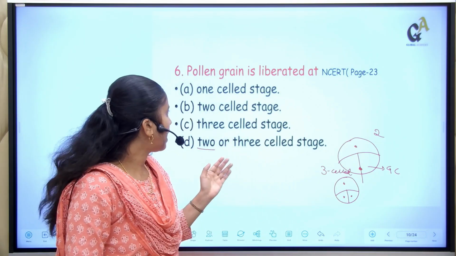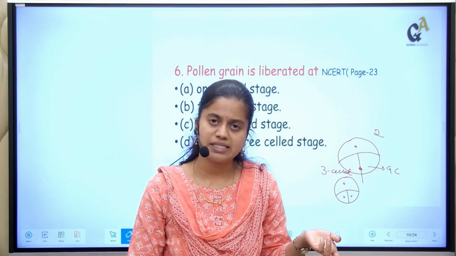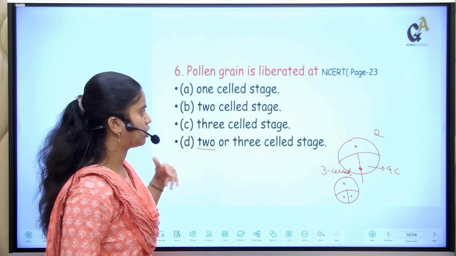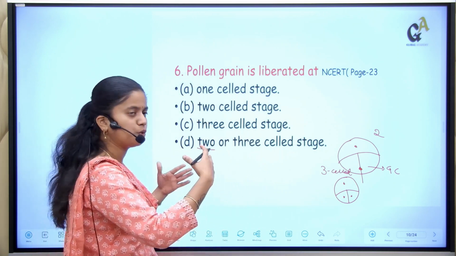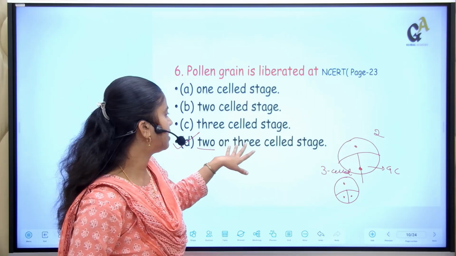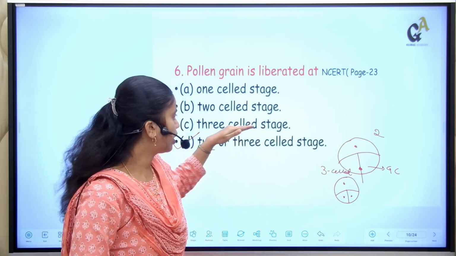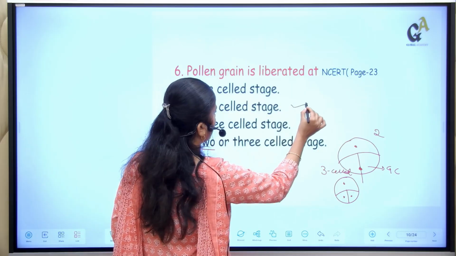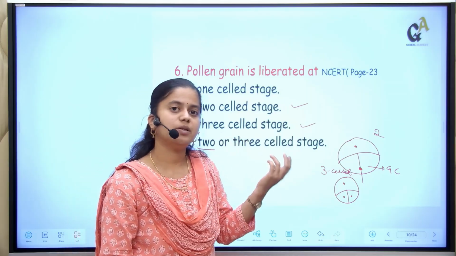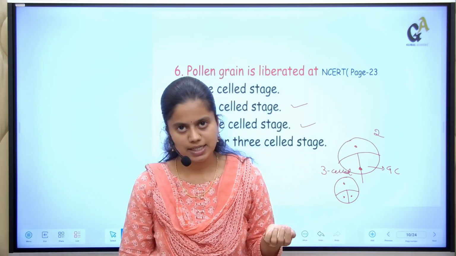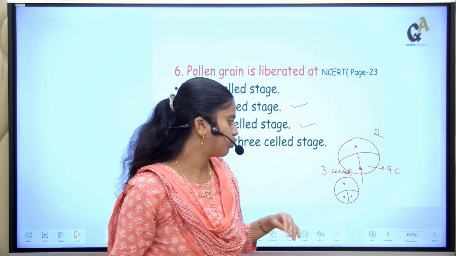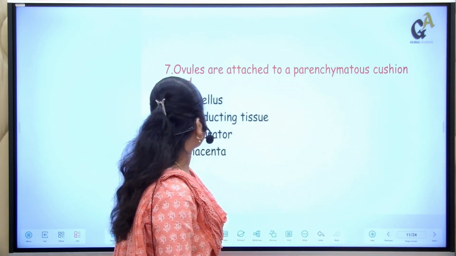So pollen grain that is liberated either in the 2-celled stage or in the 3-celled stage has the capacity to undergo the process of pollination and fertilization. So the answer, 2 or 3-celled stage, is correct here. You cannot tick only option B or C. You must take option D here, because the pollen grain can be liberated in the 2-celled stage also, or in the 3-celled stage also.